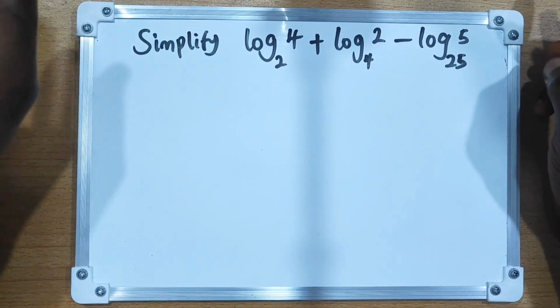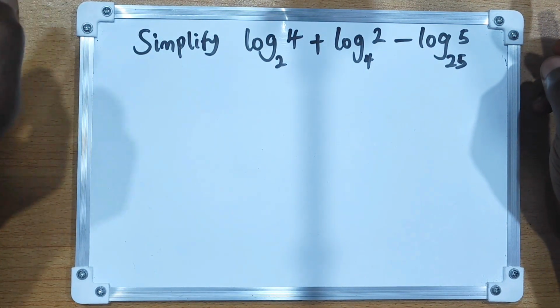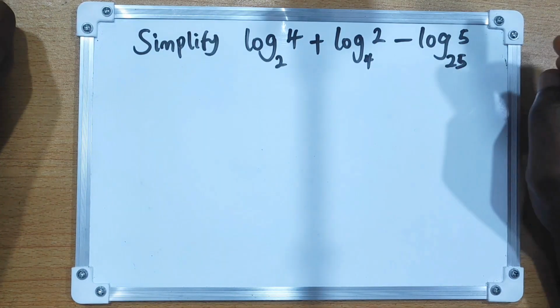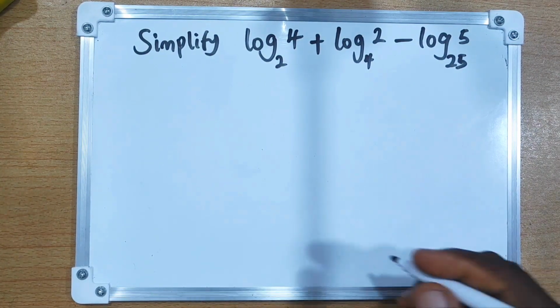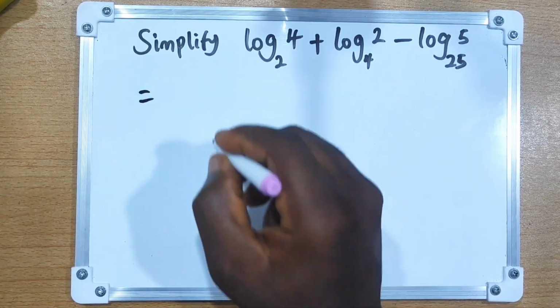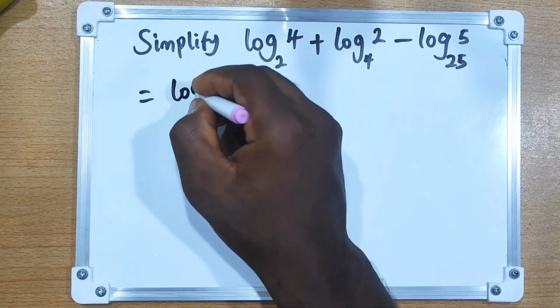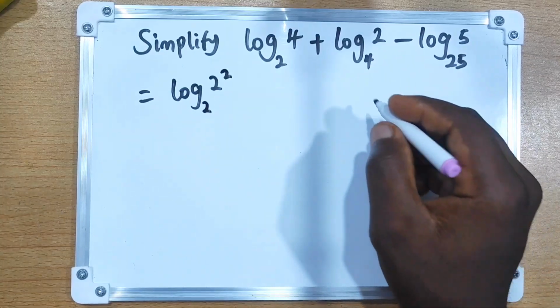So what to do is to find a way to evaluate them individually. To do that, try to reduce all the numbers to index form. Now, this 4, I can write it as 2 squared. So this is going to be log 2 squared to base 2.